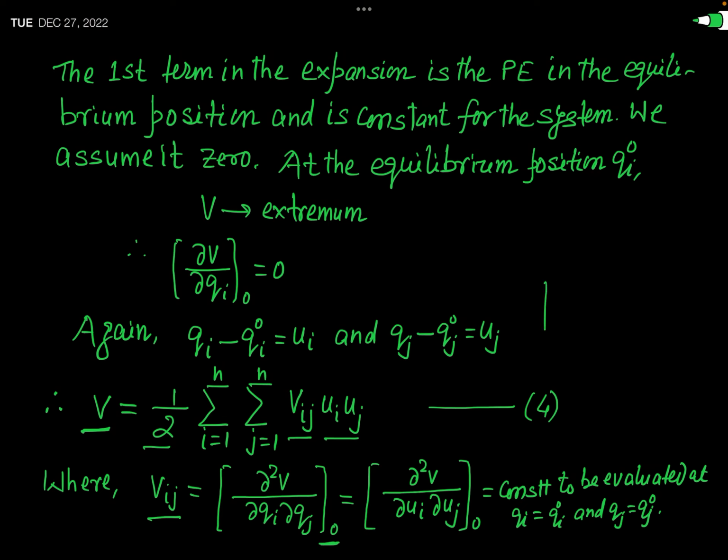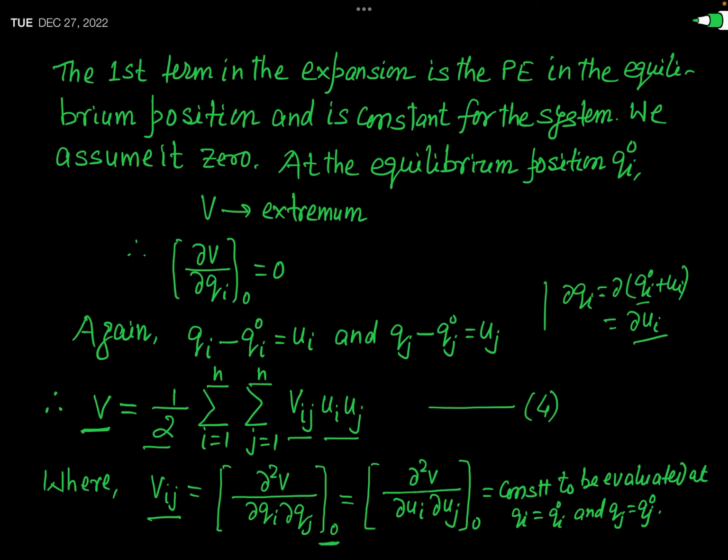Why? Because you know del Qi, what does it mean? This is del of Qi0 plus Ui. But as you know that this Qi0 is constant, so del Qi0 will be 0 and therefore this is simply equal to del Ui. And similarly, del Qj will be equal to del Uj.